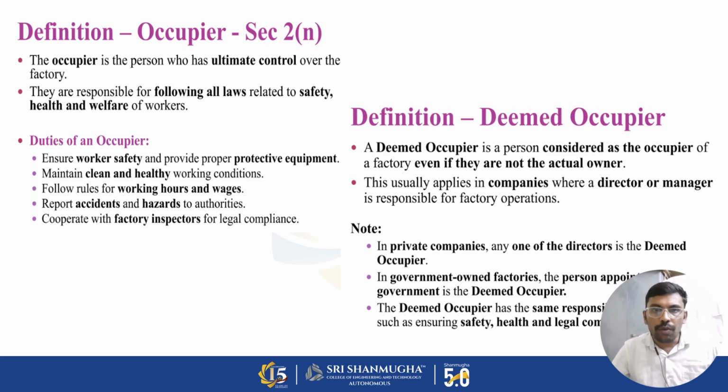This usually applies in companies, where a director or manager is responsible for the factory operations. The main note is that in private companies, any one of the directors is the deemed occupier. It is only for the private sector. In government-owned factories, the person appointed by the government is the deemed occupier.